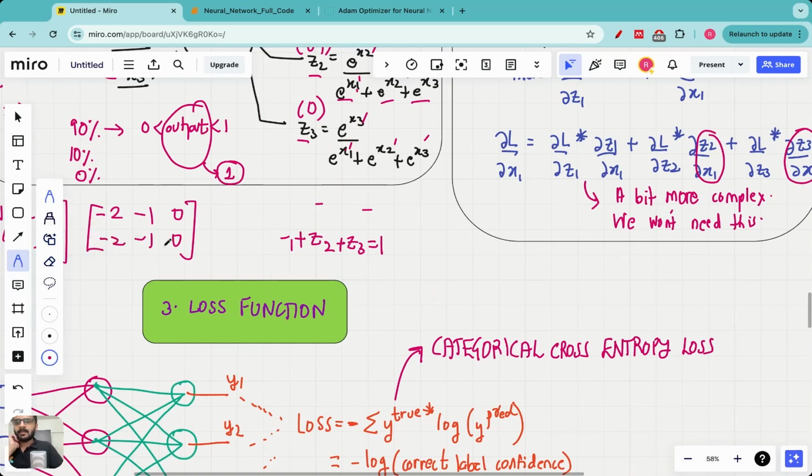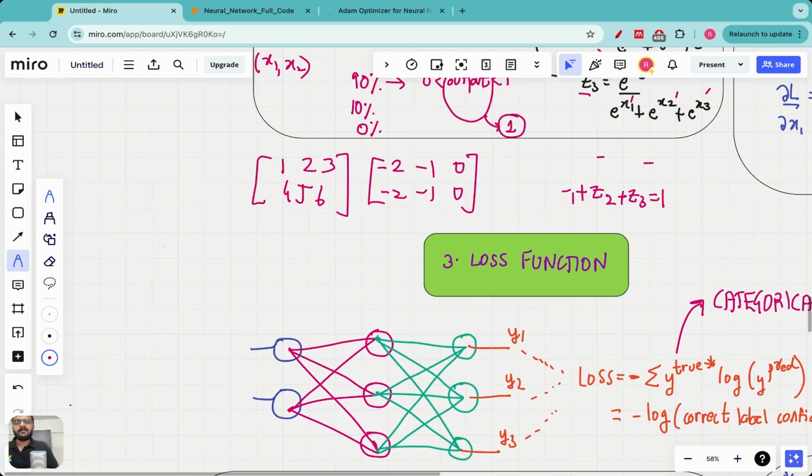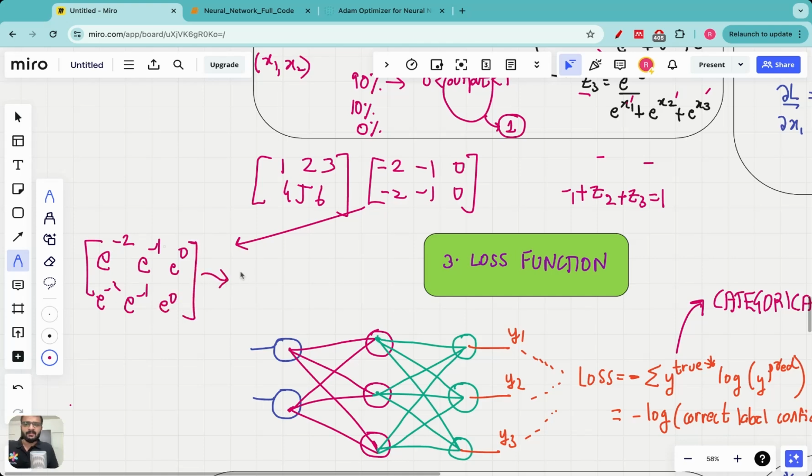So after we subtract the maximum value, for the first entry, we have e raised to minus 2, e raised to minus 1, e raised to 0, e raised to minus 2, e raised to minus 1, e raised to 0. And then we'll be taking the summation for each of these. So we'll do e raised to minus 2 divided by e raised to minus 2 plus e raised to minus 1 plus e raised to 0.